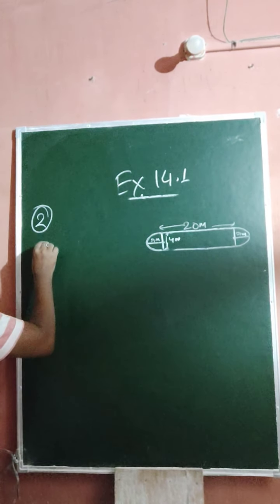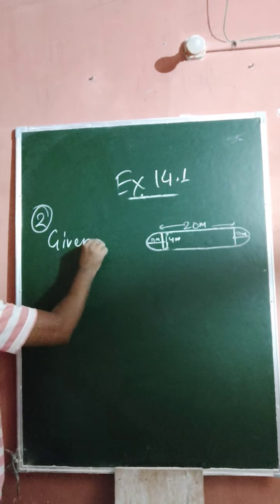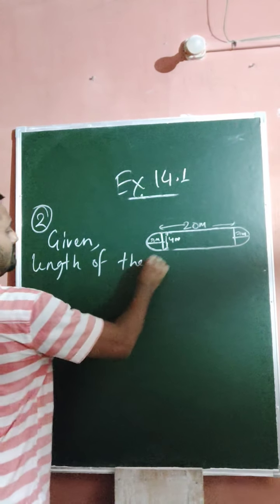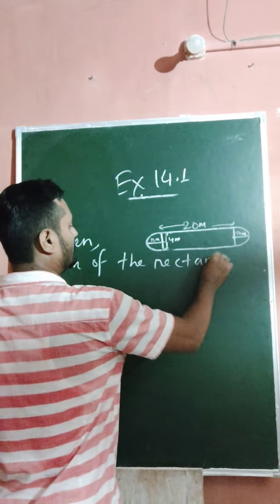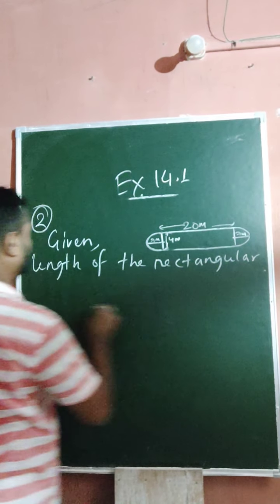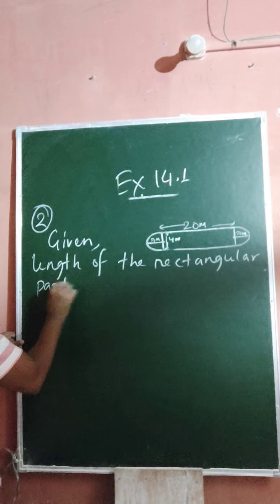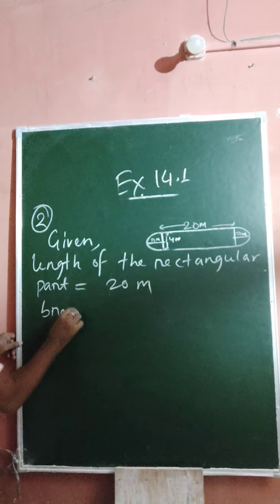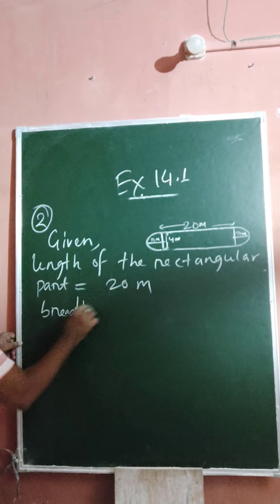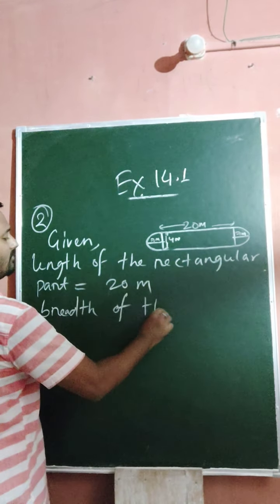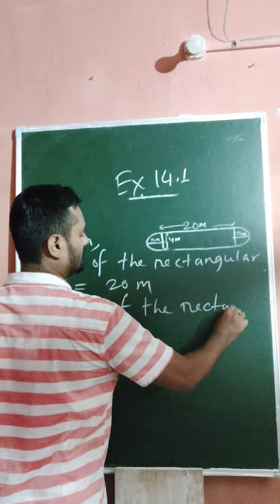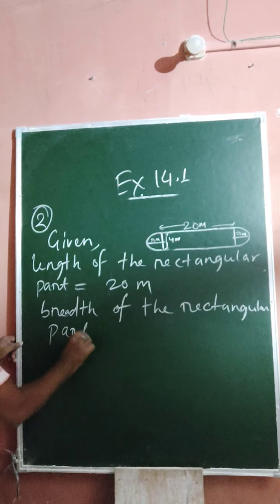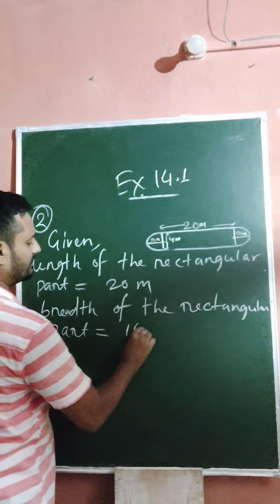So given, the length of the rectangular part is equal to 20 meter, and the breadth of the rectangular part is equal to 14 meter.